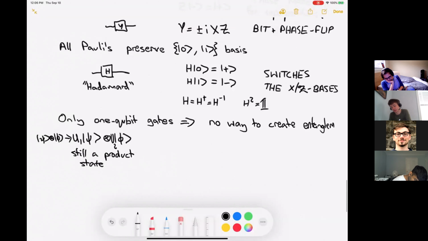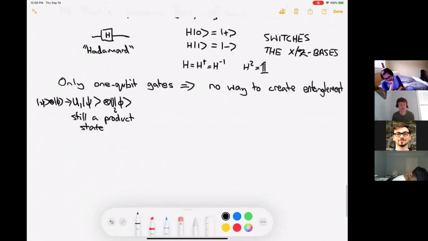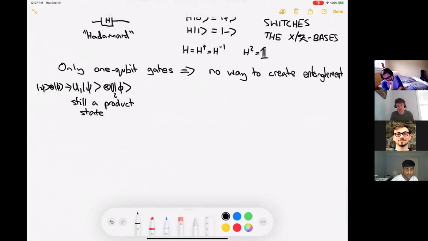Again, entanglement is pretty important to a lot of quantum computing. So we need stuff better than that. In particular, we're going to need 2 qubit gates.